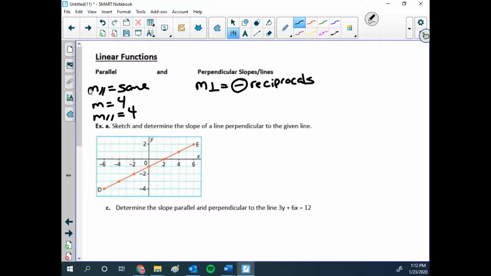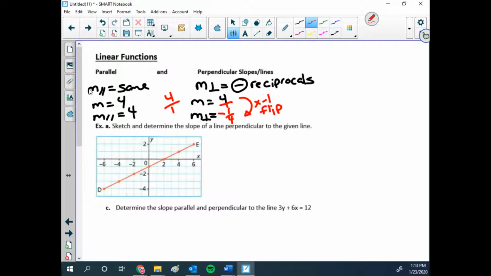For example, if I have m equal to 4 and I'm looking for the perpendicular slope, I take this, times it by -1, so it becomes a negative number. But when I flip 4, what's it become? 1 over 4, right? Because I could write 4 as 4 over 1, and when I flip that, it becomes 1/4. Negative 1/4 would be the negative reciprocal slope.